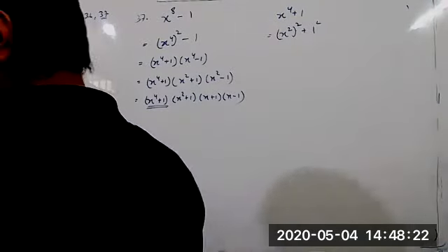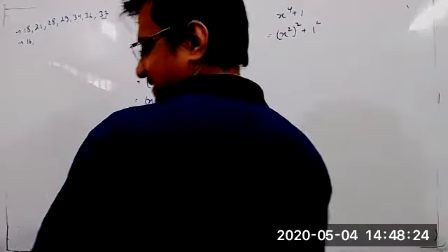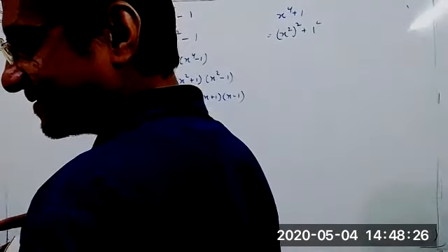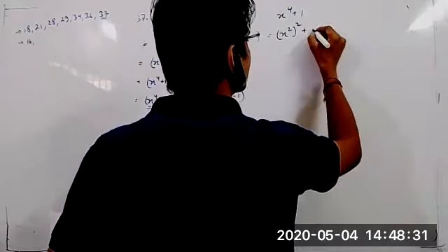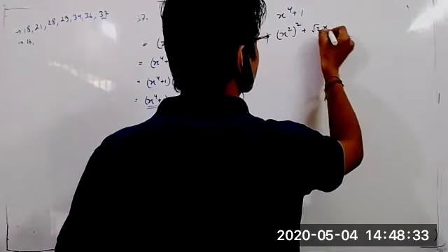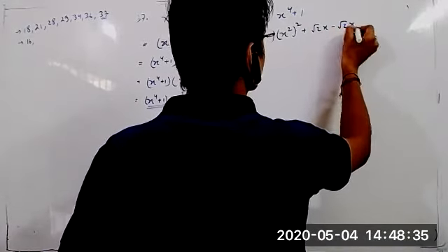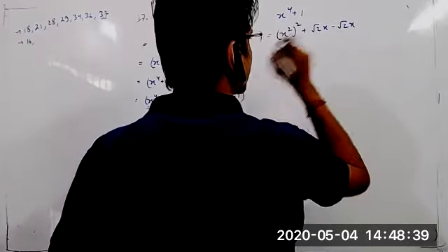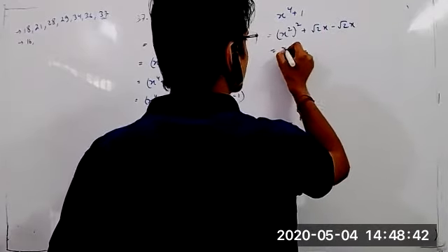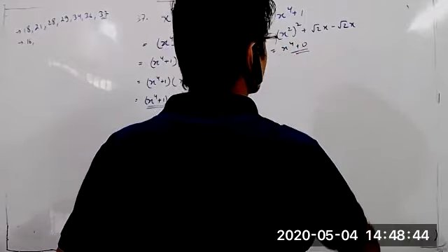So x square minus 1 plus 1. I have taught you this. Sir, plus root 2x minus root 2x. Plus root 2x, what I have to write? Plus root 2x minus root 2x. So what it will be? It is 0. This is x to the power 4 plus 0.